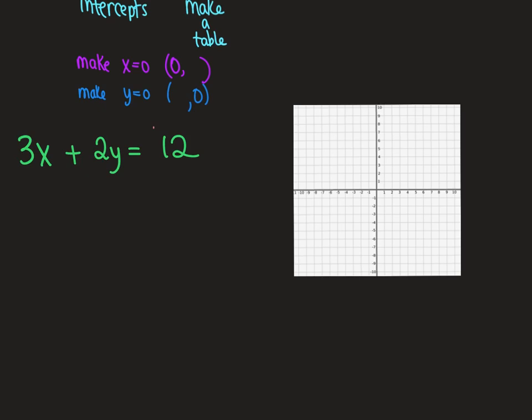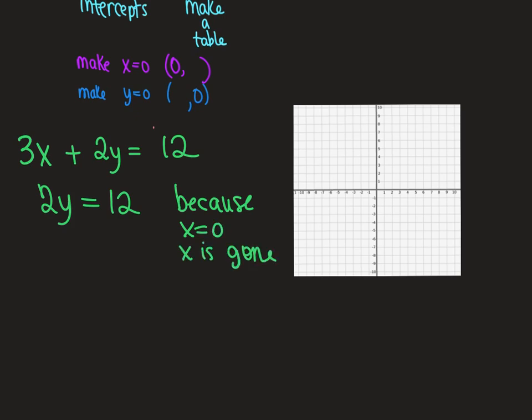So either you can scribble it out, or you can just say x is gone, and I'm going to write 2y equals 12. Why am I doing this? Because I just said x is going to be 0, x is gone, x is not there. We don't have an x, just write the y information. Then you're going to do it again with only the x information.